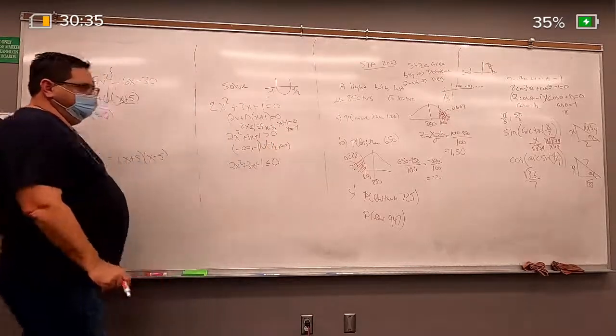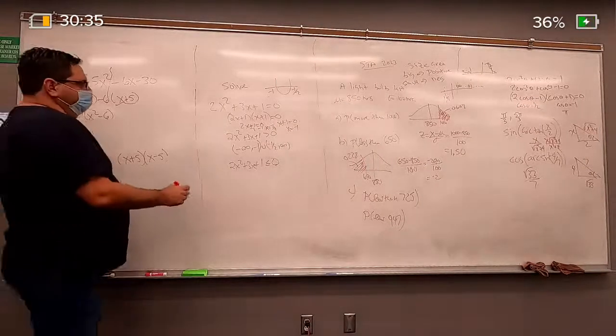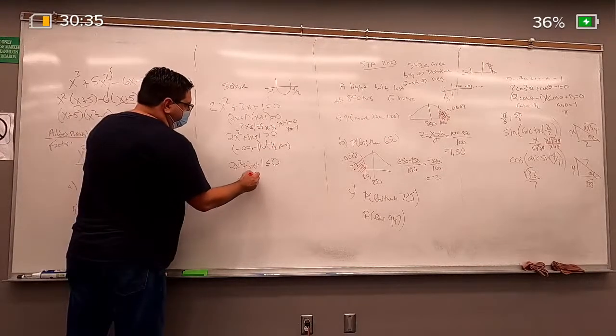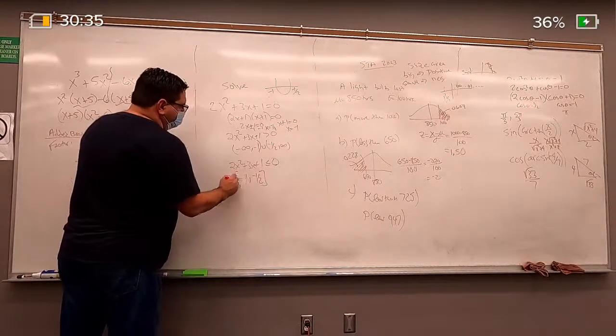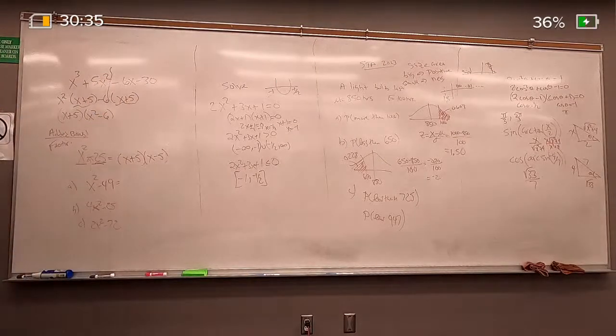Nico, get the last one. It's less than or equal to 0, from -1 to -1/2. Brackets or parentheses? Brackets. -1 to -1/2. All right. Great stuff. Sound good?